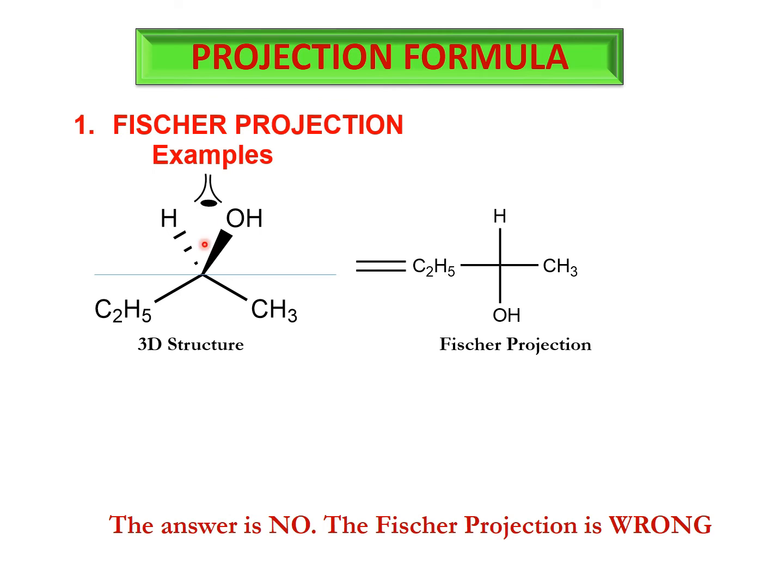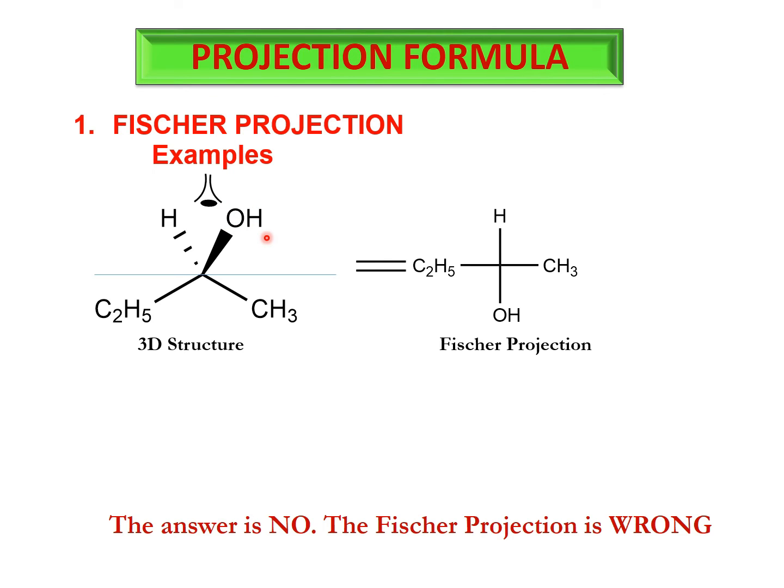You would see that H and OH appear as if they are vertical, and H will be towards your forehead, imagine it, and this OH will be towards your chin, below your eye line, right? So I draw them on the vertical axis here.